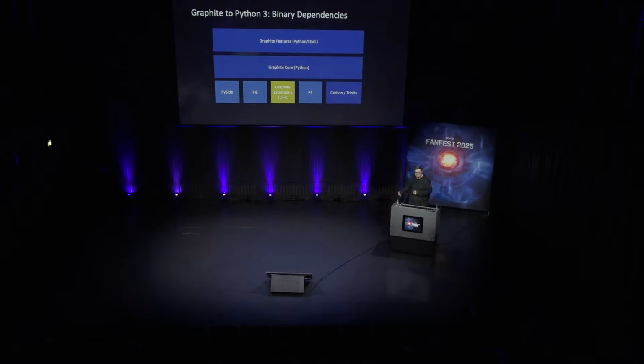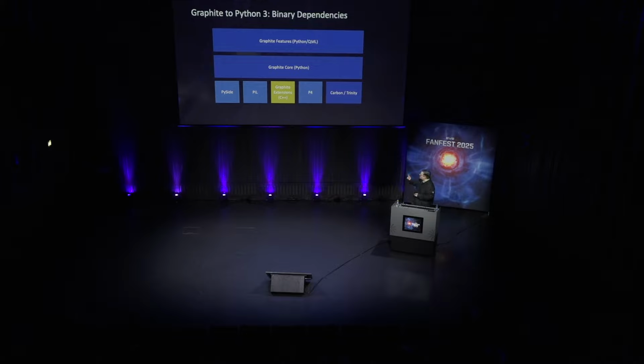Then there are binary dependencies. And binary dependencies are all the libraries that Graphite sits on top of. We use a number of third-party libraries, including the Qt graphics library for UI, Perforce for handling file management and file versioning. We have our own custom C++ library that handles some windowing stuff that we are doing in Graphite.